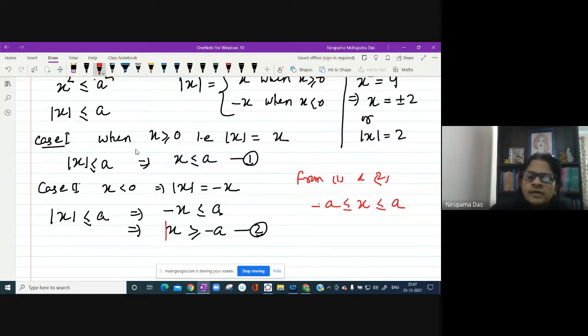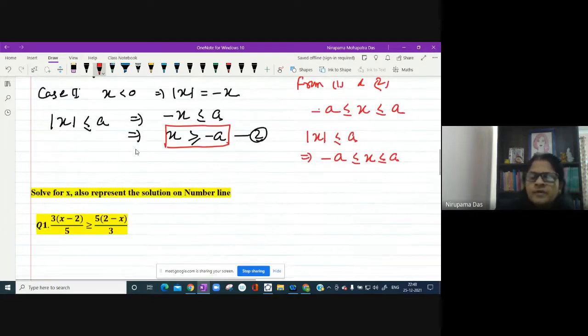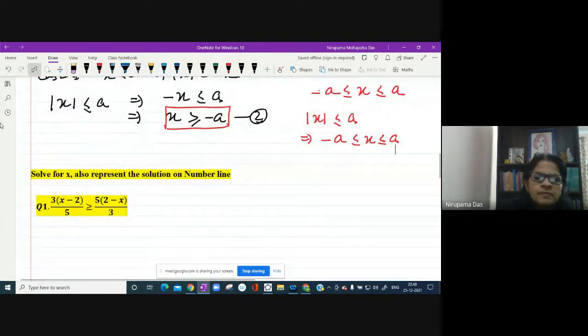Okay, so here you are getting x greater than equal to minus a, means minus a less than equal to x less than equal to a. So the conclusion here is mod x less than equal to a implies minus a less than equal to x less than equal to a. The same thing we have done in function chapter, if you remember.